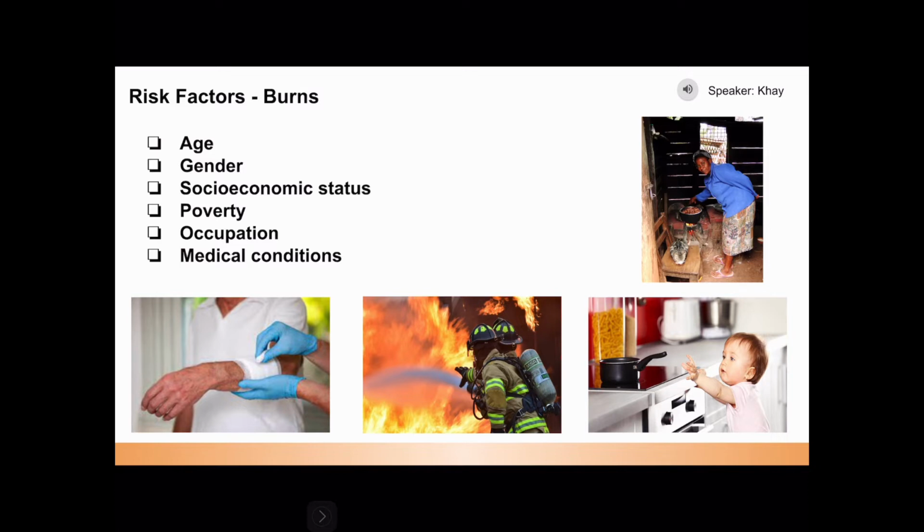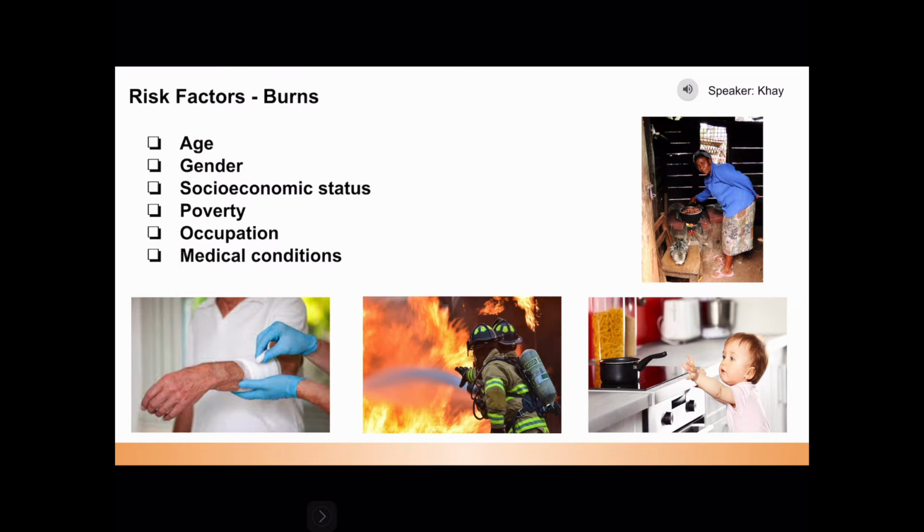Burn risk correlates with socioeconomic status. Individuals with lower socioeconomic status are at a higher risk for burns. These factors include poverty, overcrowding, and lack of proper safety measures, such as placement of young girls in household chores. Children and women are usually burned in domestic kitchens containing hot liquids or from cook stove explosions.